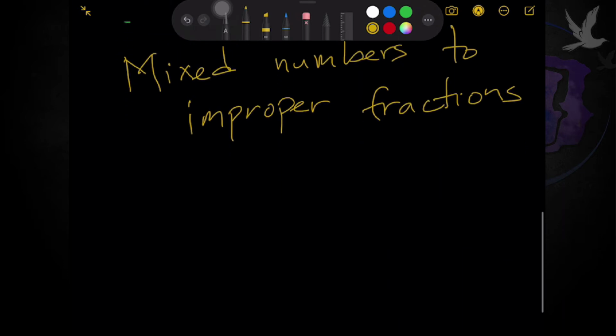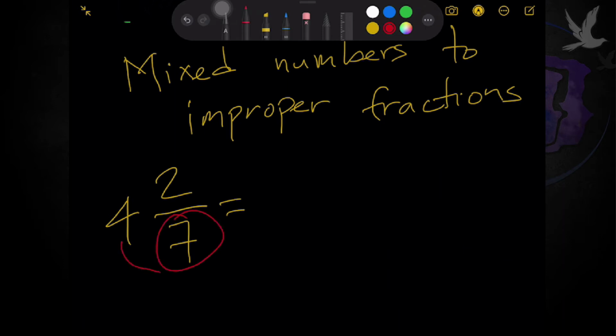So let's have another mixed number. Let's say 4 and 2 over 7. Again, take the denominator, multiply it with the whole number, and then add it with the numerator. So expressing it again as an improper fraction, first things first, to keep it safe, just copy the denominator. So the denominator of 4 and 2 over 7 is 7.